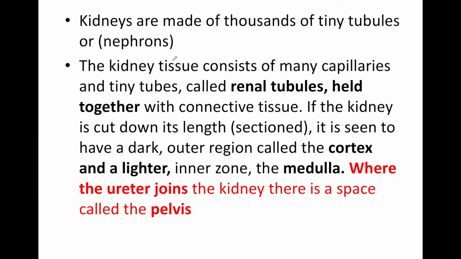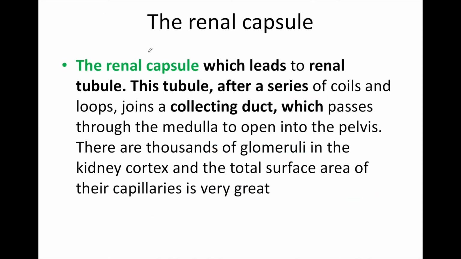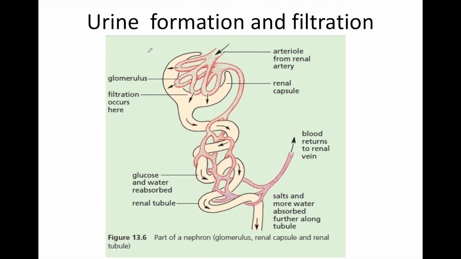So as we said, the kidneys are made of thousands of tiny tubules or nephrons, so we call them either nephrons or kidney tubules. And one nephron is made up of one glomerulus, the renal capsule, and the renal tubule. So filtration occurs in the glomerulus and reabsorption occurs in other regions of the kidney tubule.